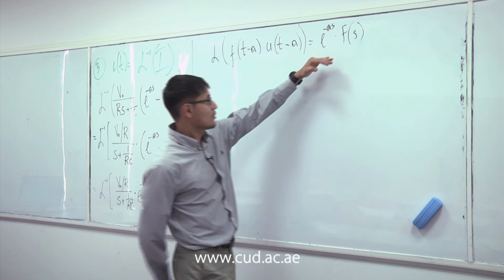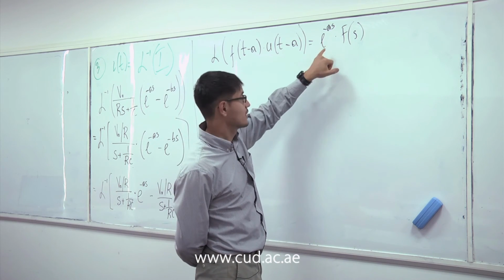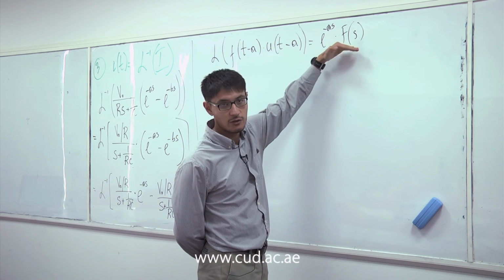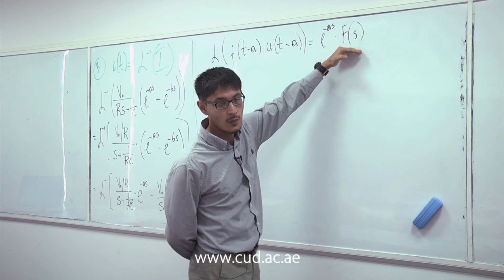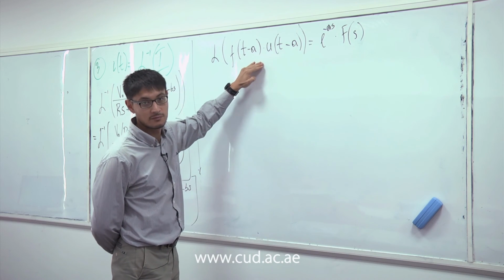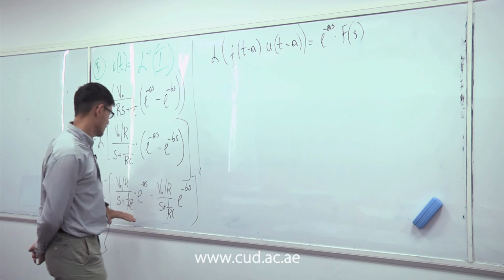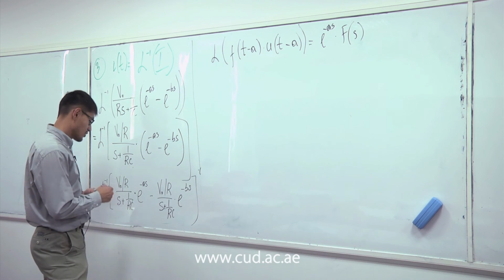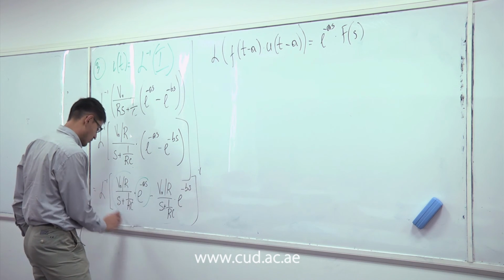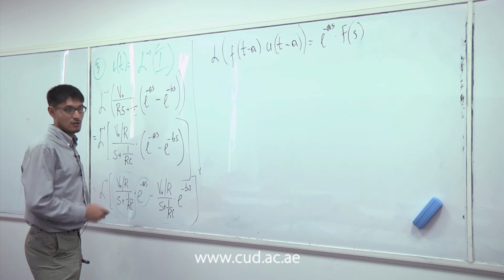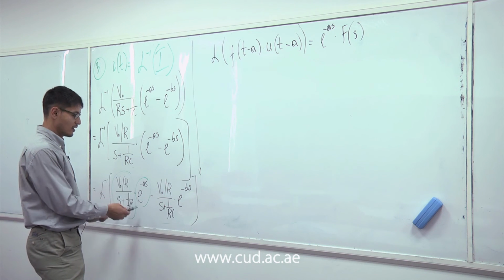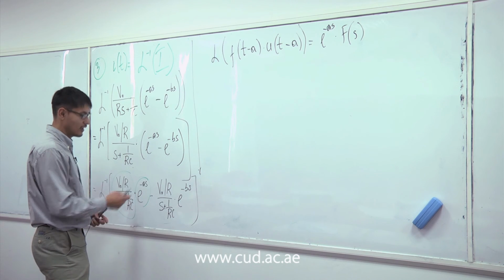So anytime you have an exponential times some function and you want to find the inverse of this, you can use this formula. And that's what we have here. We have our exponential and we have our big F. So we're going to use the t-shift formula. And here a is equal to a.